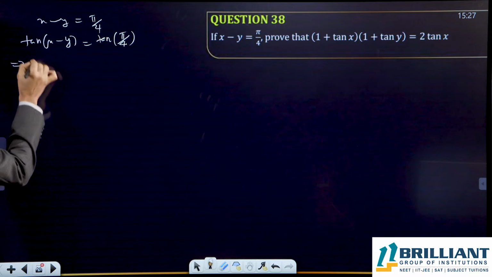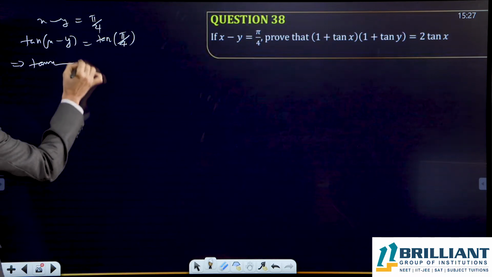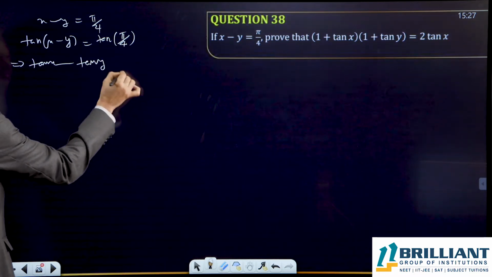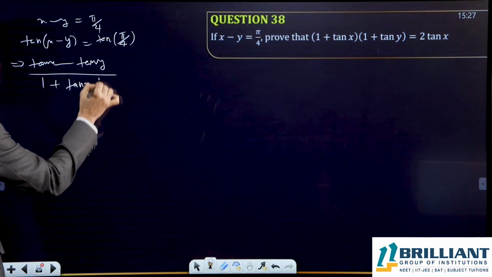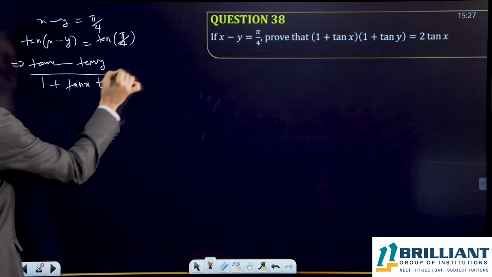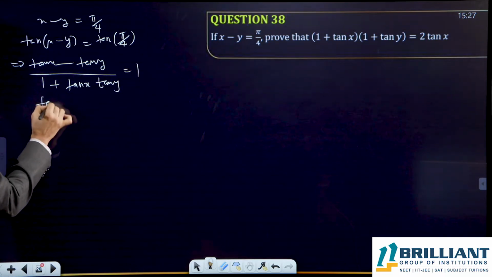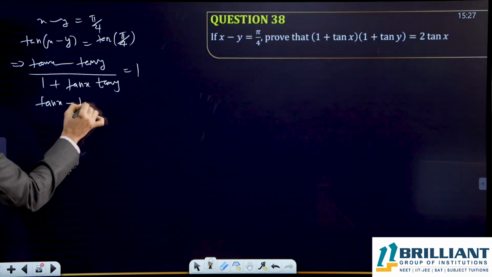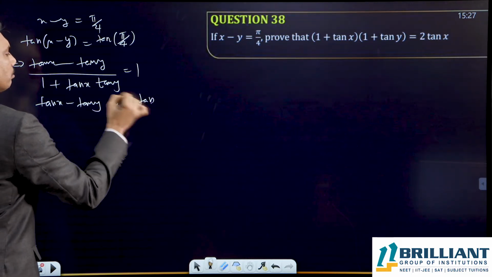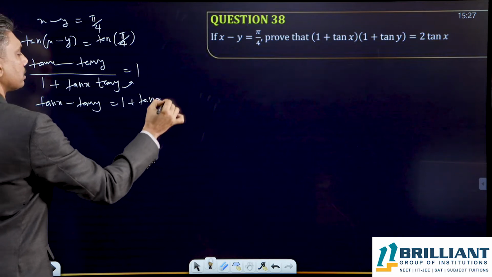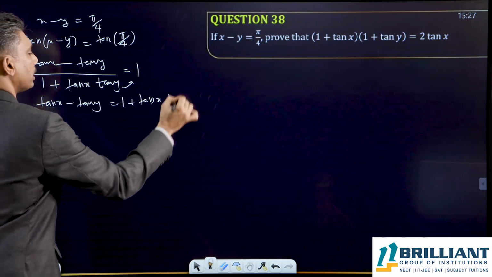So what is tan a minus b? Tan x minus tan y by 1 plus tan x into tan y equal to 1. That is tan x minus tan y equal to 1 plus tan x into tan y.